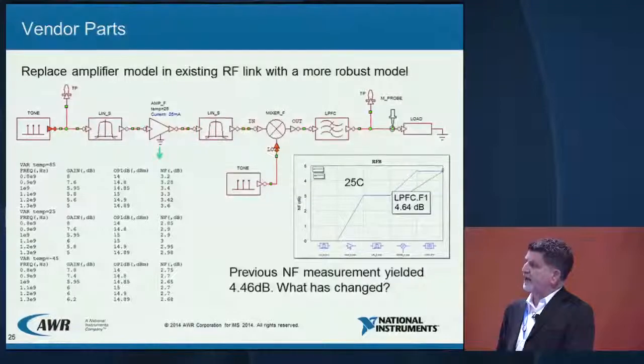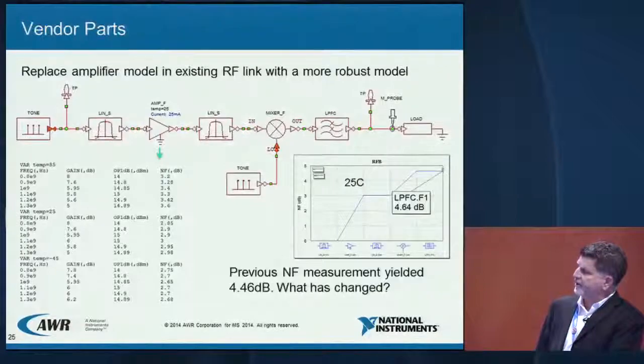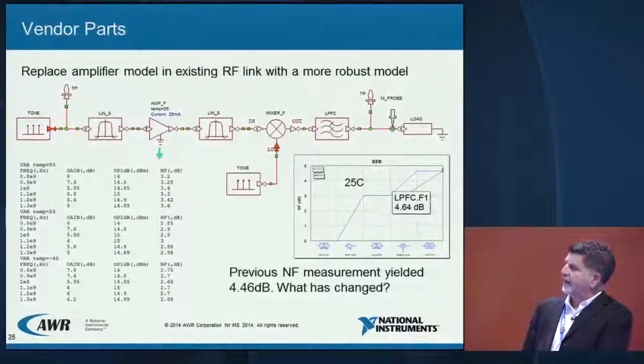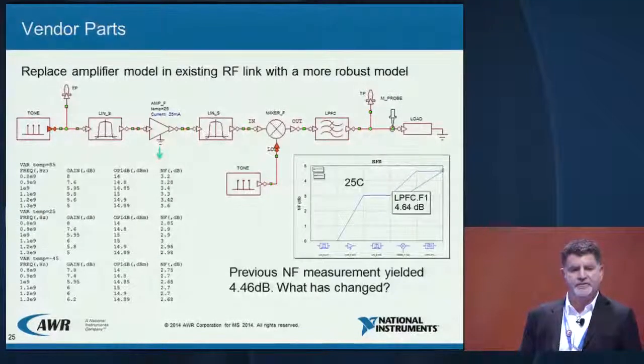The text file consists of variables. So here's the temperature of 45 degrees, 25, or 85. But for each temperature that I'm setting, I have a column of frequency, gain, P1 dB, and noise figure. I replace the fifth order polynomial with a database model, a vendor part, a commercial off-the-shelf component.